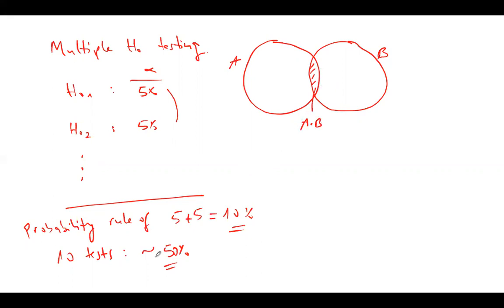So this is not exact, but this intersection is very small. You see, 5% multiplied by 5% is very low. Therefore, the probability will be almost 50%.